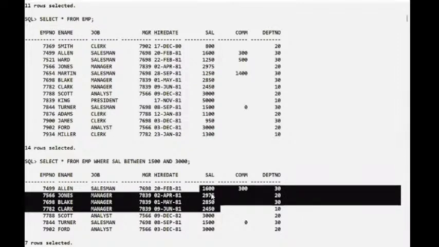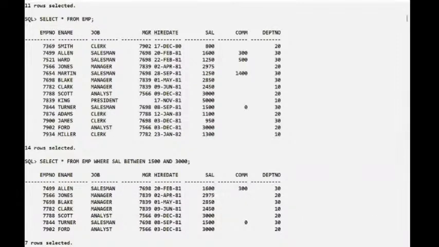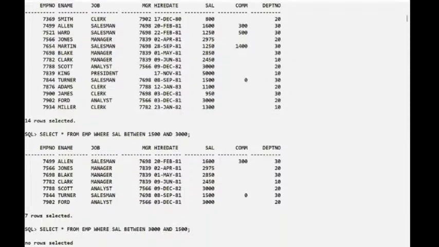This is the nature of the BETWEEN operator. Next, suppose I give 3000 to 1500. What happened? No results. It doesn't return any value.